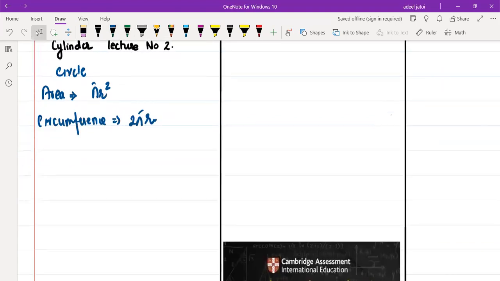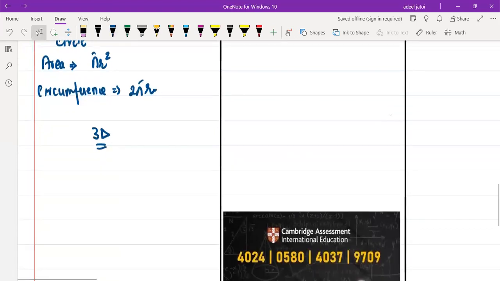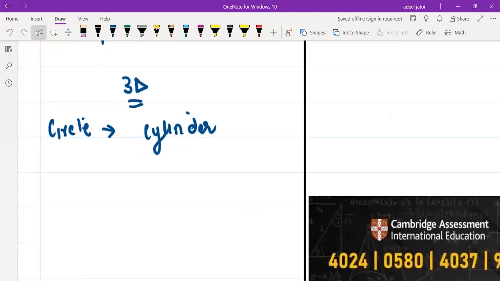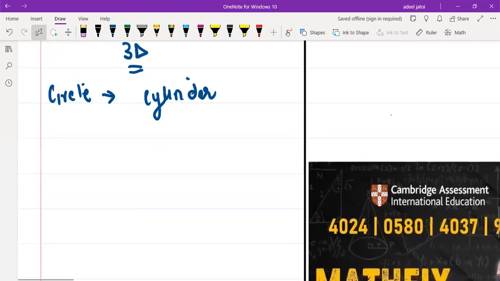But now you need to understand that when we are working for 3D figures, from your circle, you have cylinder. That means from circle, there is another diagram which will be leading to cylinder. You'll be using circle in it.